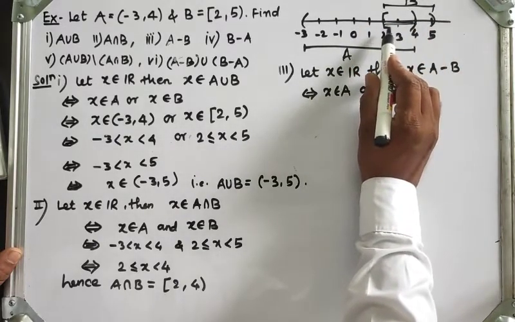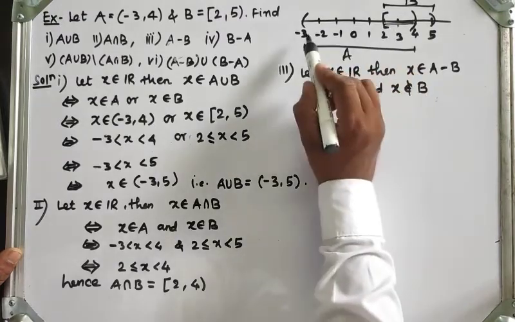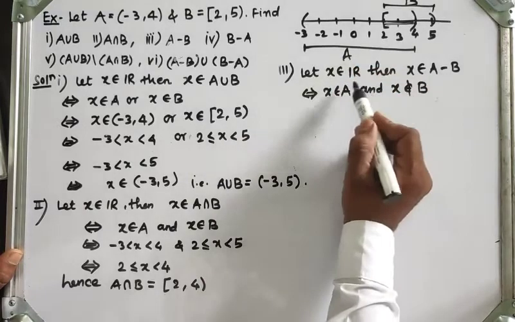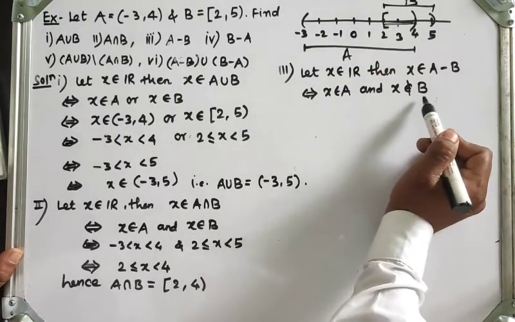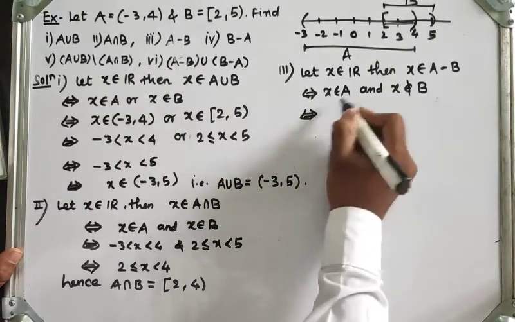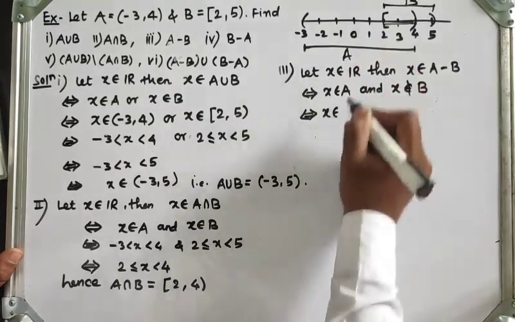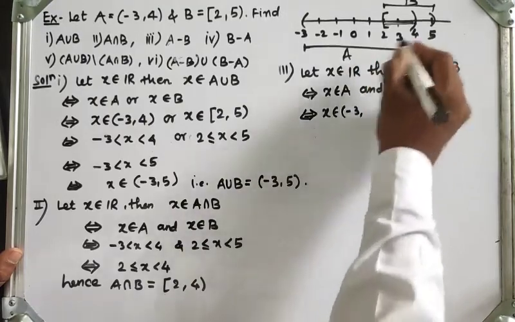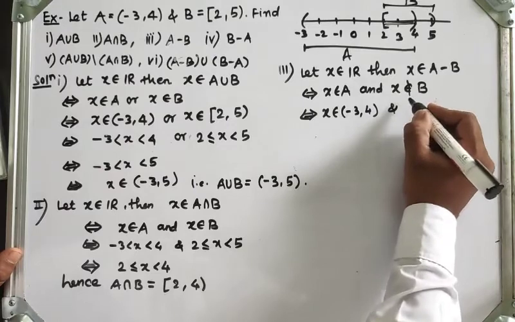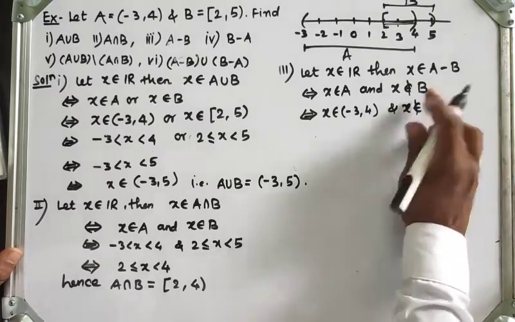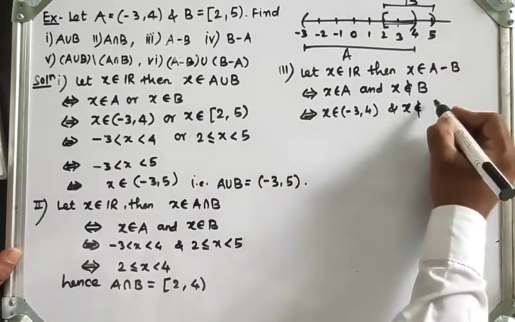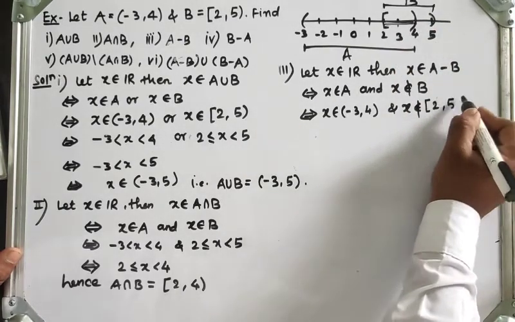So what are the points which belong to set A? Points from -3 to open 2 are the points which belong to A but do not belong to B. So, if and only if x belongs to A, it means x belongs to the set -3 to 4, and x does not belong to B, the closed interval 2 to 5.